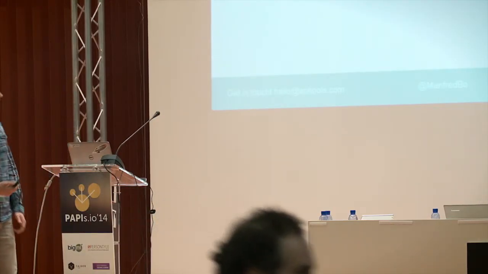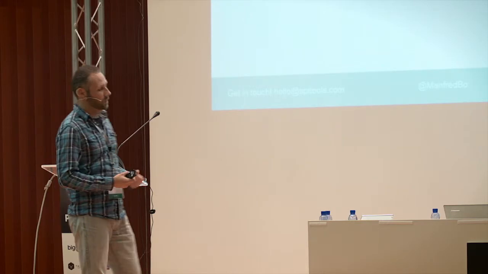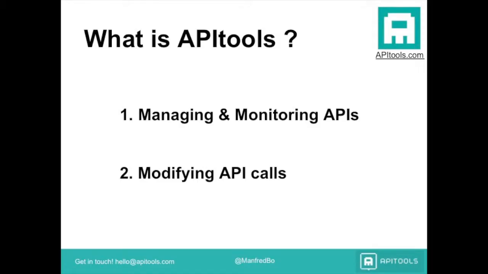So, in a sense, APItools is about two things. So we're doing two things very well. The first one is managing and monitoring third-party web APIs, and secondly, it's all about modifying API calls.